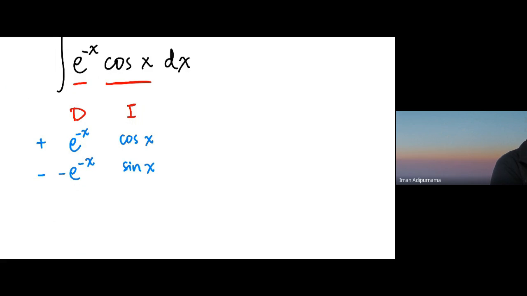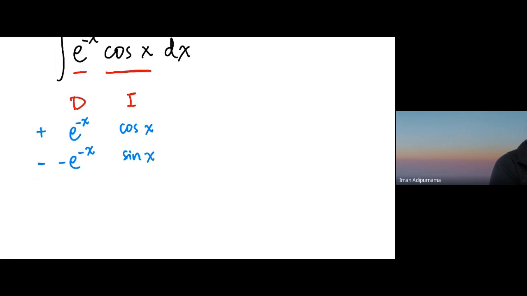And then we try maybe one more line. So we differentiate this, it's going back to the original part. When it's going back to the original part, you stop here. You stop on this line. And this will be minus cosine x. And we cross this, and multiply the last one.